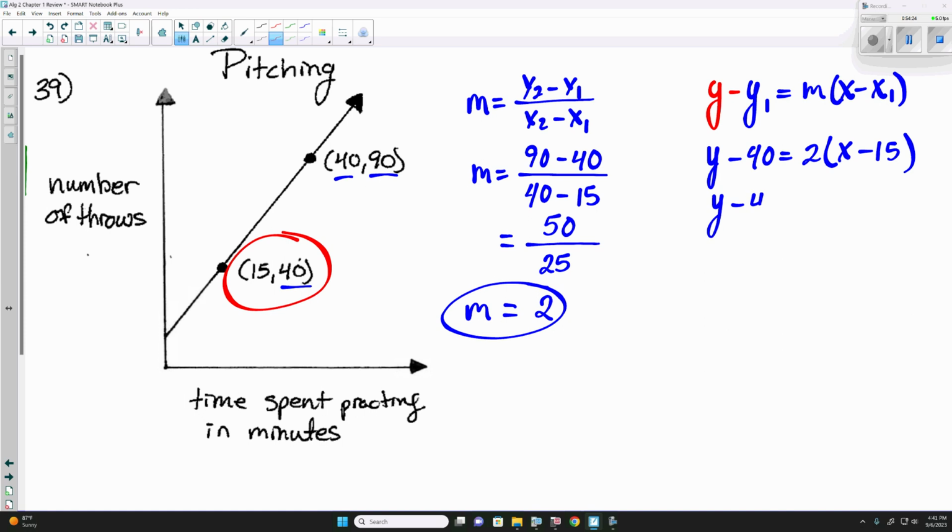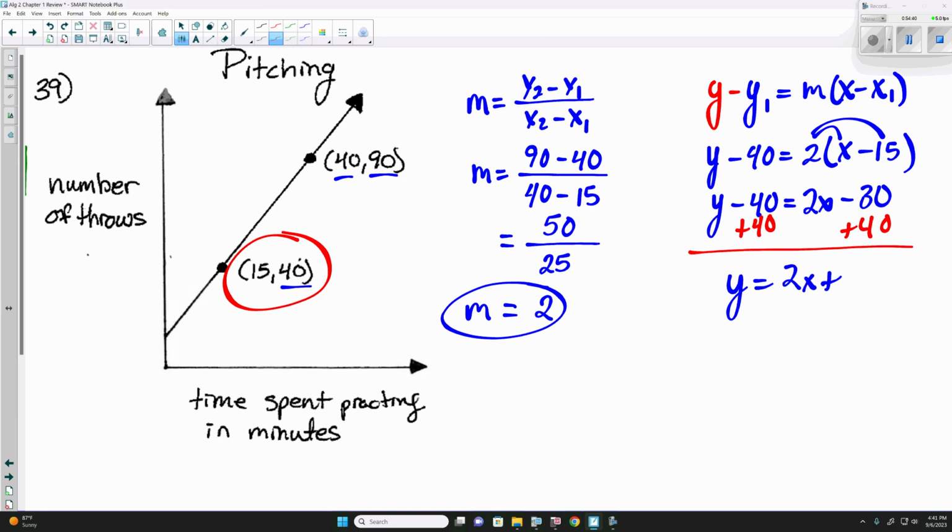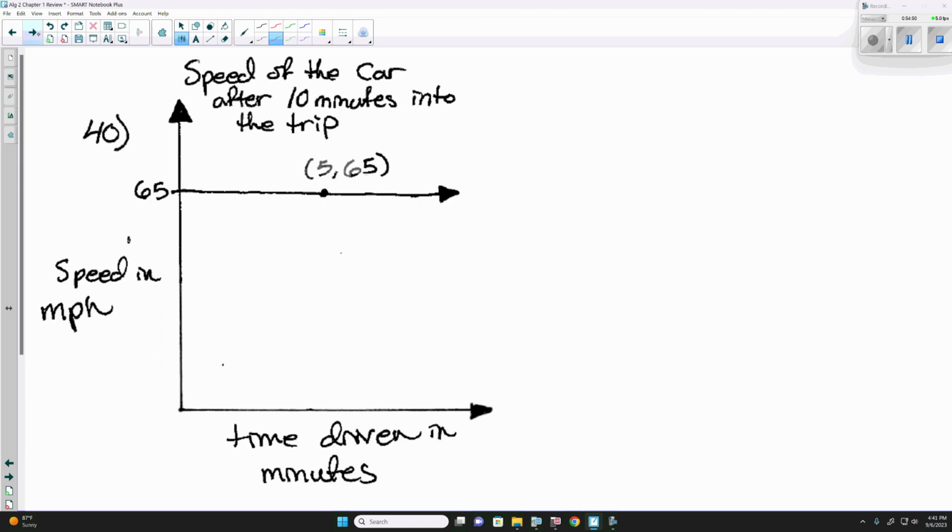Now we just need to solve, get y by itself. So the first thing we can do is distribute the 2, which will tell us that we have 2x minus 30. And the last thing we can do is add 40 to both sides, telling us y is equal to 2x plus 10. So at this point here, we do have the slope and equation of a line, so that's all we have to do for this one here.